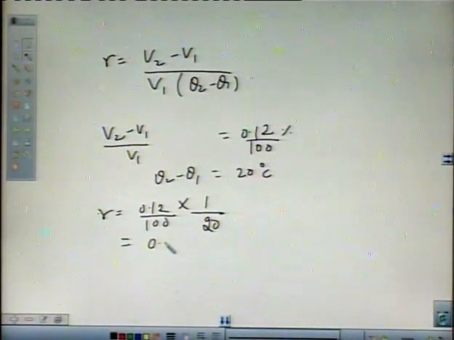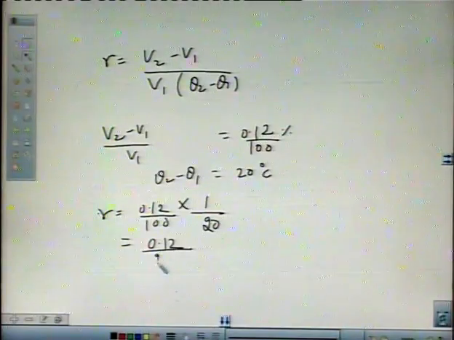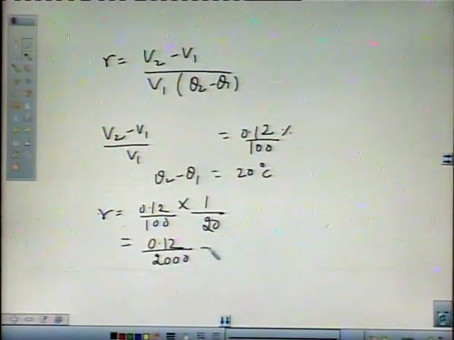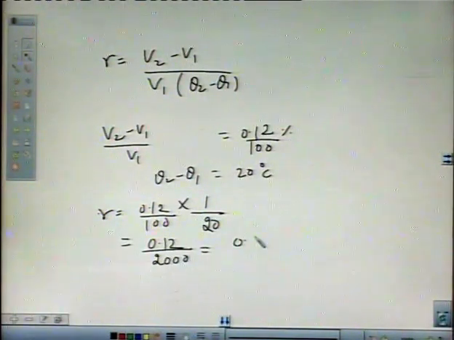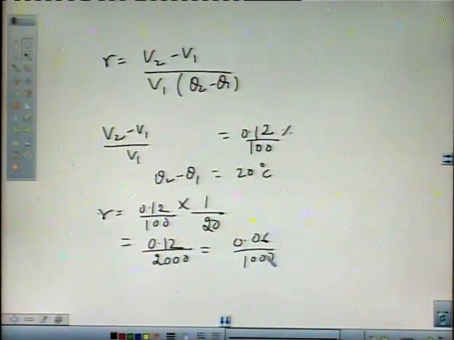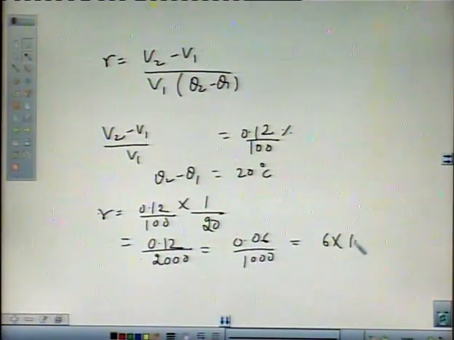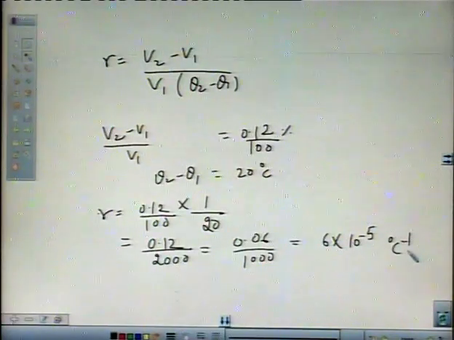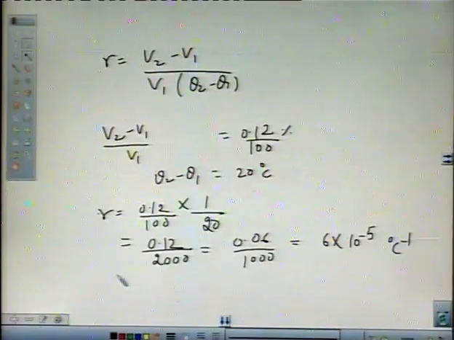So, this comes out to be 0.12 upon 2000, which is equal to 0.06 upon 1000. So, we can write it as 6 into 10 raised to power minus 5 per degree Celsius. This is the coefficient of volume expansion.